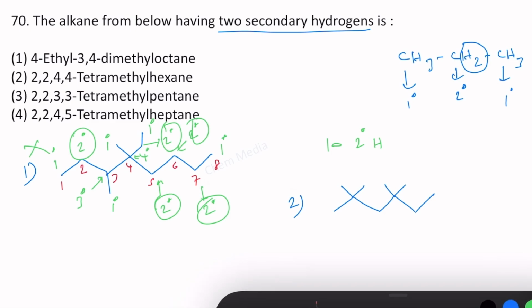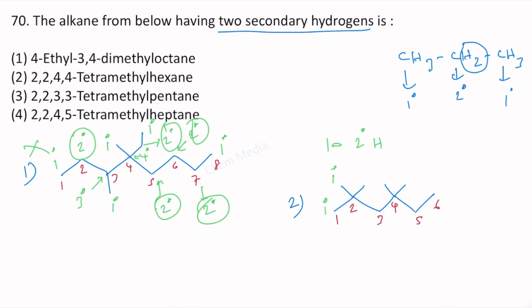Let's number it, and then so this is primary, primary, primary, this is quaternary, this one is secondary, and then this is quaternary carbon again, this is primary, this is primary, this is secondary, and this one is primary. So, we have 2 secondary carbon atoms, and that means we have 4 secondary hydrogens. Therefore, this is also not the correct answer.